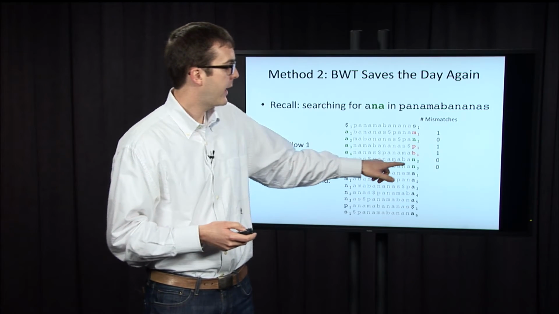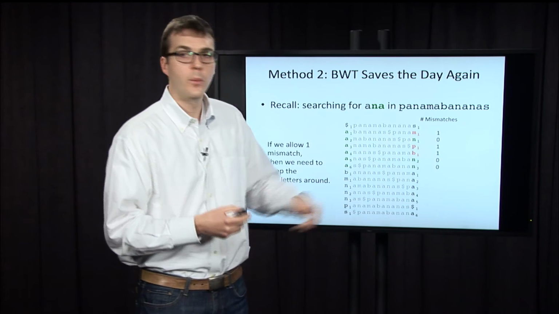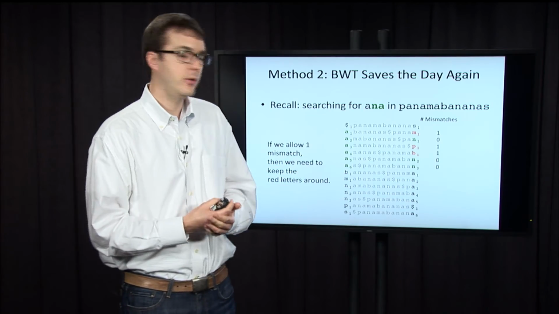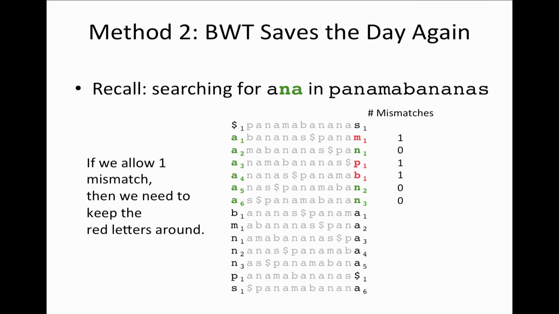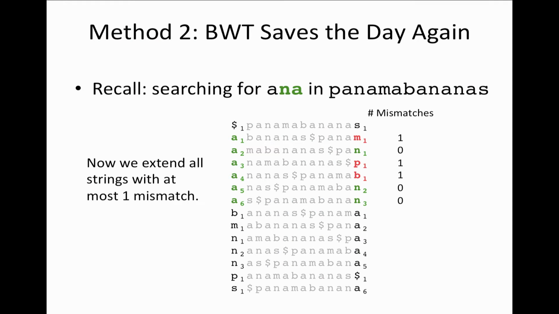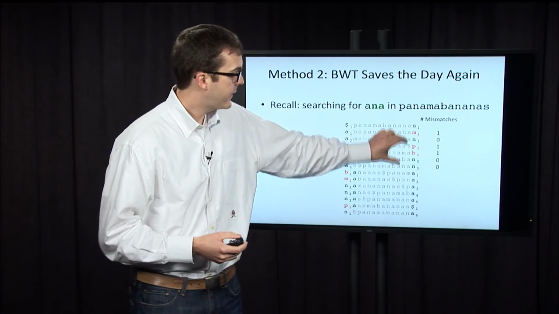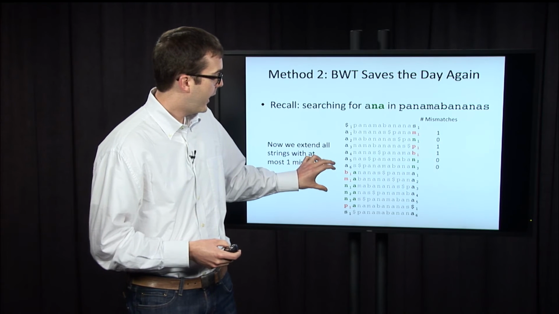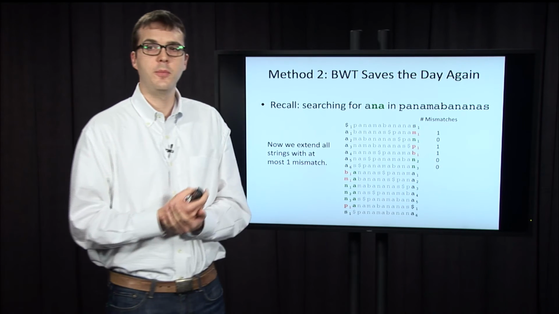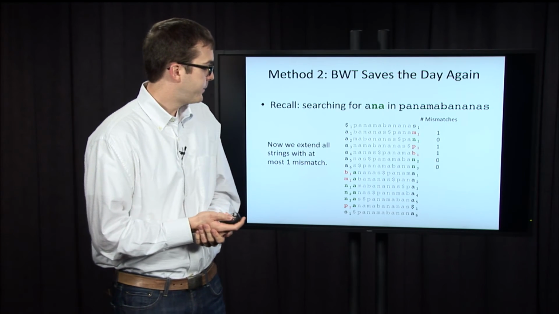Here we've encountered 0 mismatches when we've matched these N's because we have 2 matched symbols. Here we've encountered 1 mismatch at the M, the P, and the B. Because we haven't exceeded 1 mismatch, we'll need to extend all these strings. We'll use the first-last property and find where each of these elements occurs back in the first column. And then we know that the A is going to be there next.